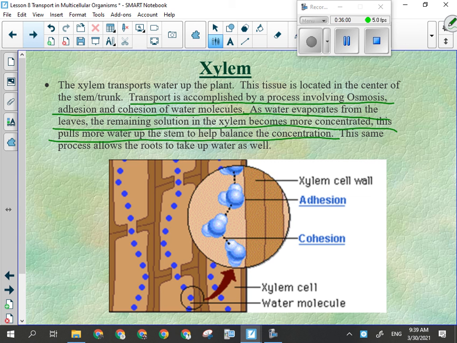That part that I have underlined is something you will need to know, because I always ask for an explanation as to how a plant can transport water. That is the explanation. Water evaporates from the leaves, salts get left behind, osmosis moves water towards the salts, which pulls the water up the plant. And we're using here that polar nature of water. So the water can hydrogen bond to the inside of the xylem tubes, and it can hydrogen bond to itself.